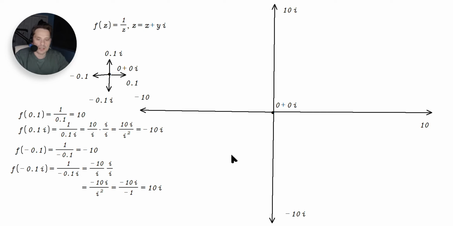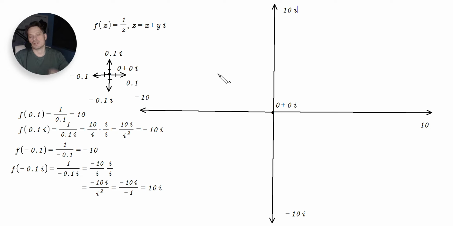Okay, you can imagine that if I took numbers in this location here, and a number in this location here, and a number in this location here, and a number in this location here. So say half of 0.1, half of negative 0.1i, half of negative 0.1, half of 0.1i.